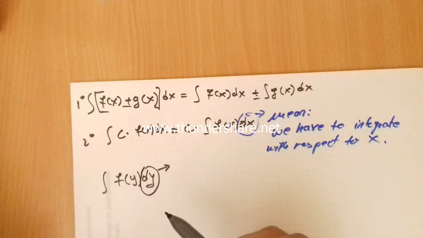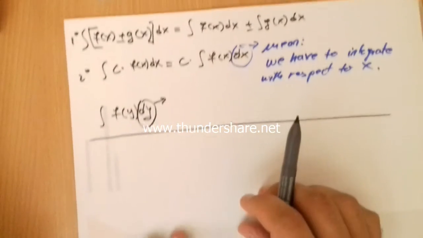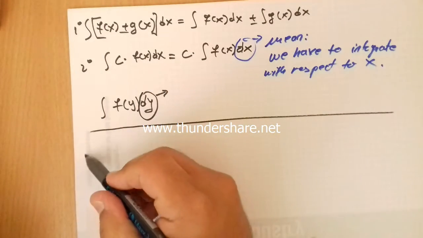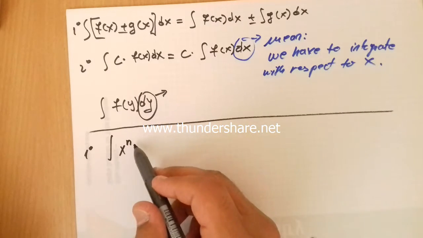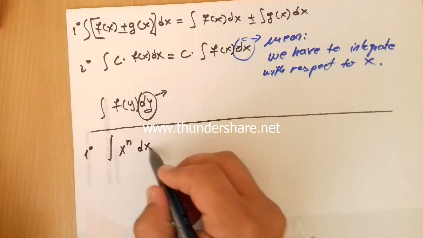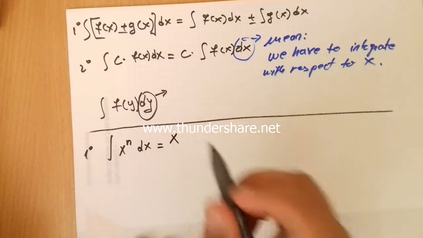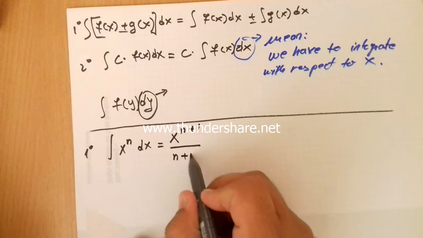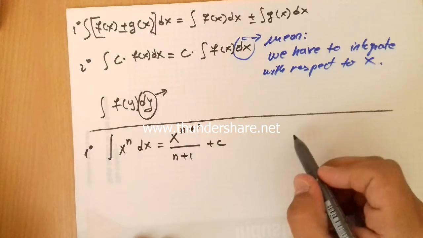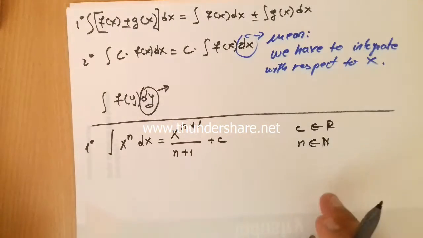And now I'm going to begin with some elementary functions. For example, if we have the integral of x to the n, where n is a natural number, dx, this is going to be x to the n plus 1 divided by n plus 1, plus c, where c is an element of the real numbers and n is an element of the natural numbers.